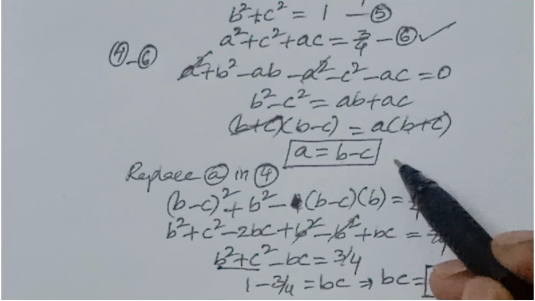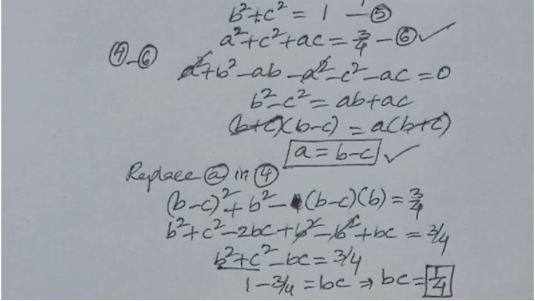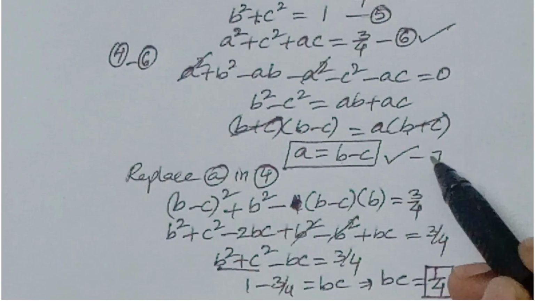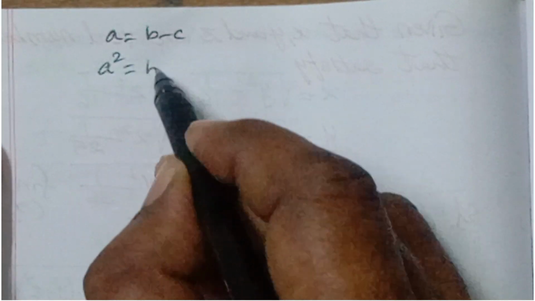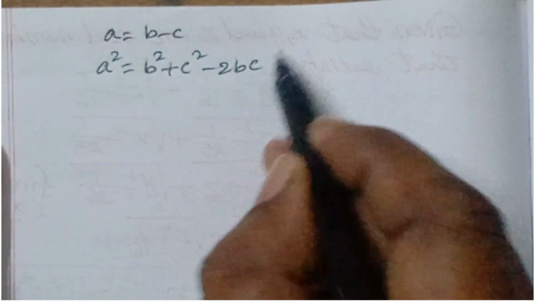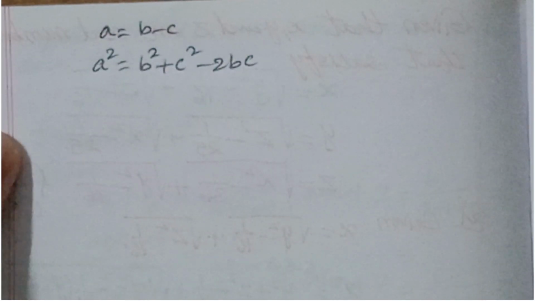Now squaring this on both sides. Let it be 7. Squaring on both sides, a is equal to b minus c, so a square is equal to b square plus c square minus 2bc.